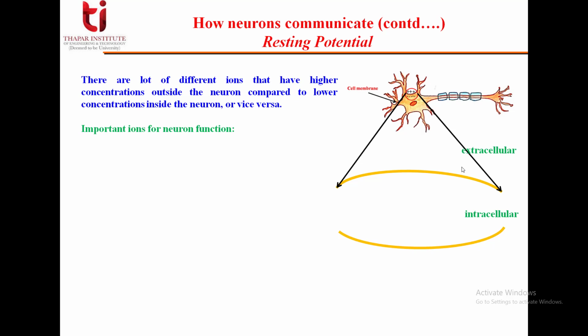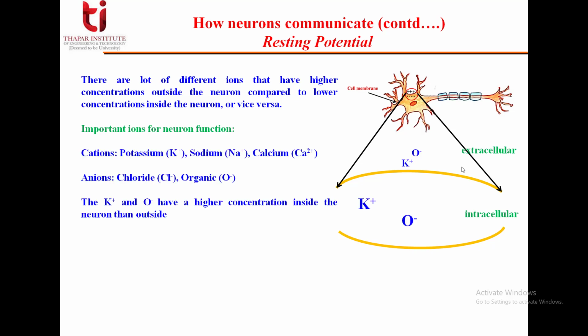So what are the important ions present in or out of the neuron? We have cations and anions. Cations include potassium, sodium and calcium ions. Anions include chloride and organic ions.